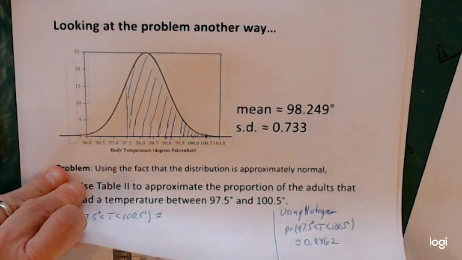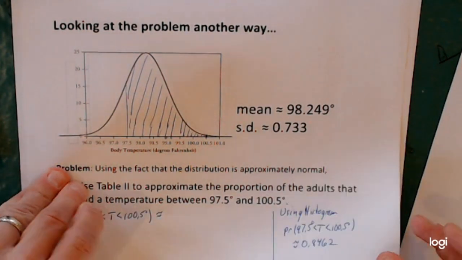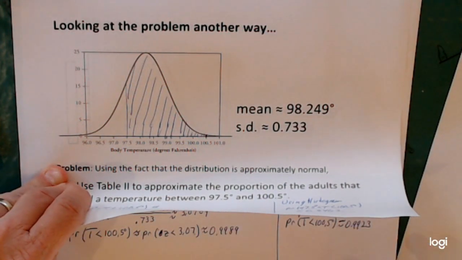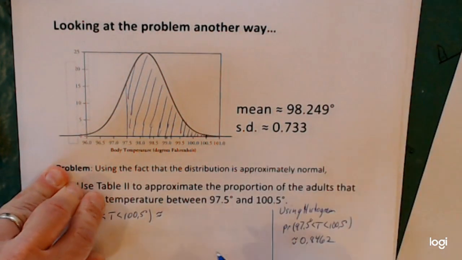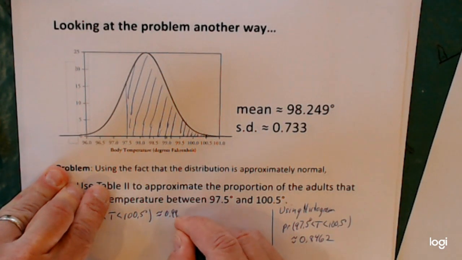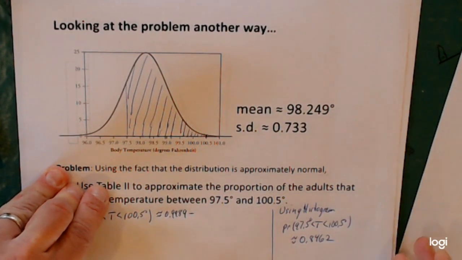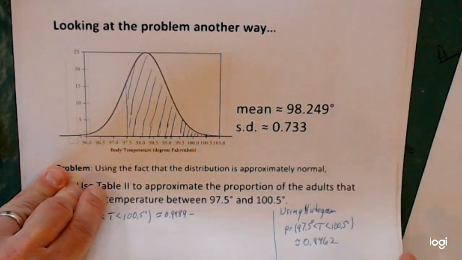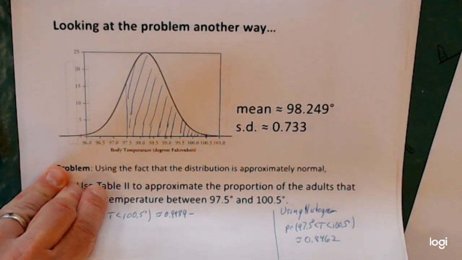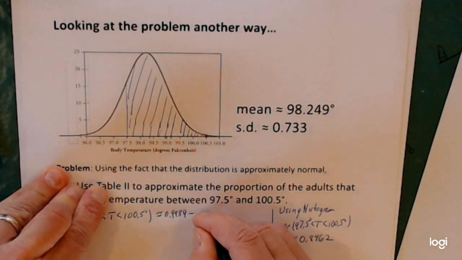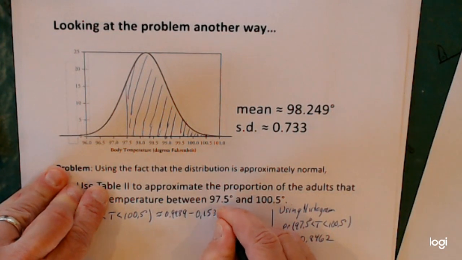Right? So this is equal to, at least approximately equal to, what do we get for our previous answers? We got the area to the left of 100.5 is 0.9989. Okay. We found the area to the left of 97.5 is 0.1539. Okay.